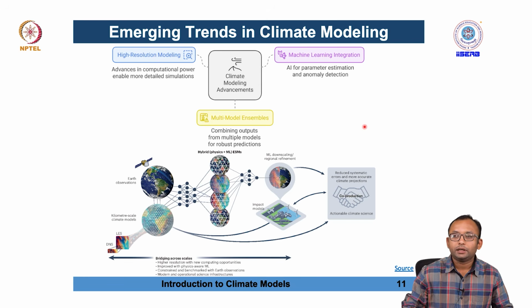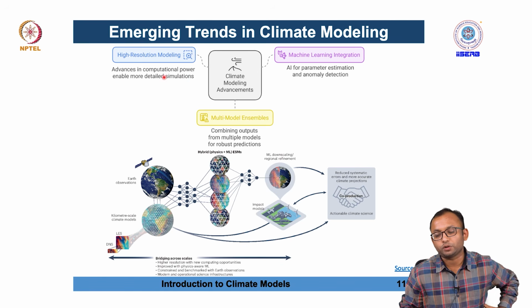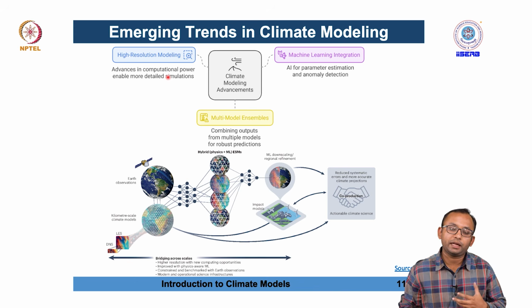Then there are certain trends in the current time period which are changing the climate modeling pattern and advancing the field. For example, we are using advanced computational power to enable more detailed simulations, high resolution models with supercomputers, so that we can have a better understanding of the very fine details of all these processes across the world. The topography information and fine detail processes, which we just listed, are completely missing otherwise.